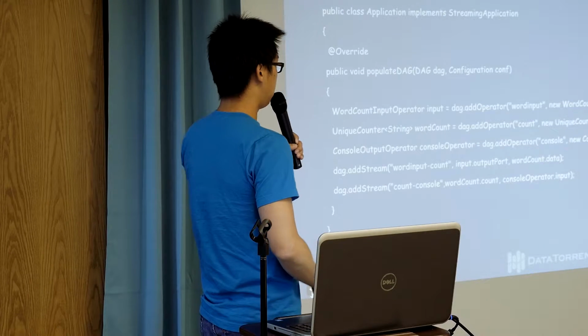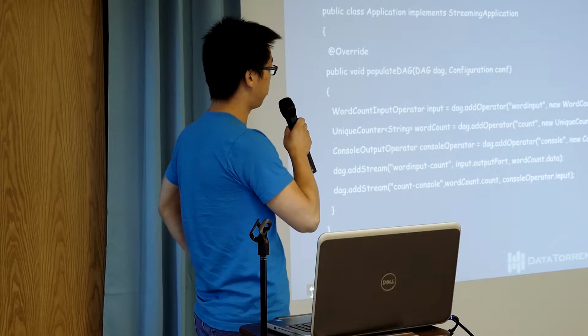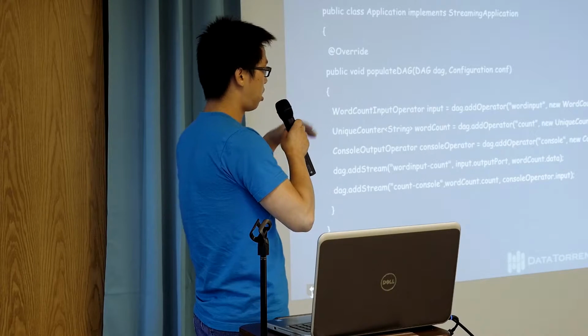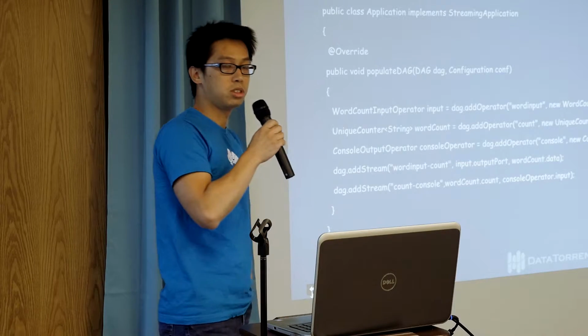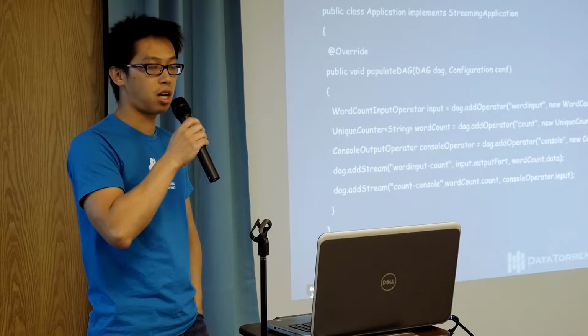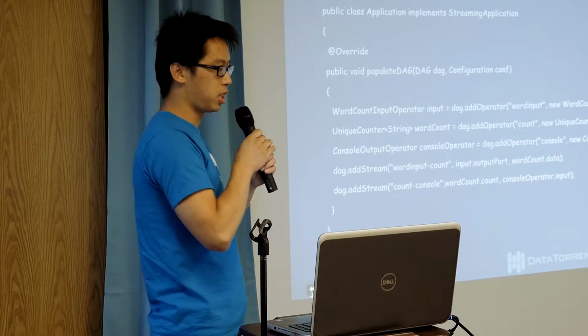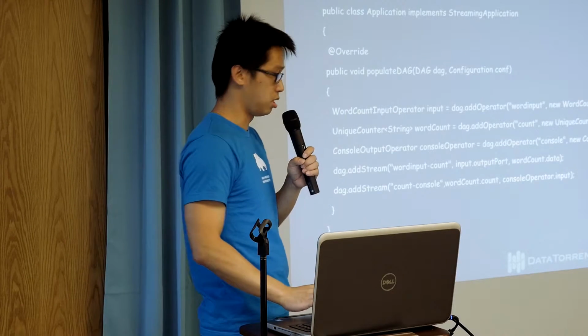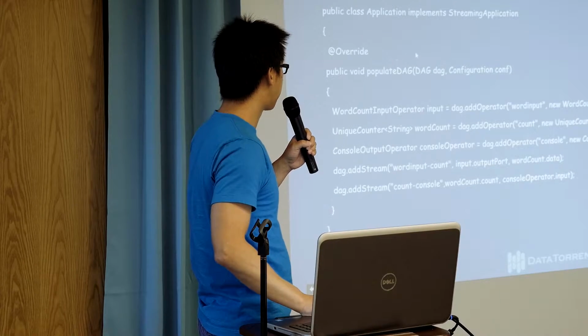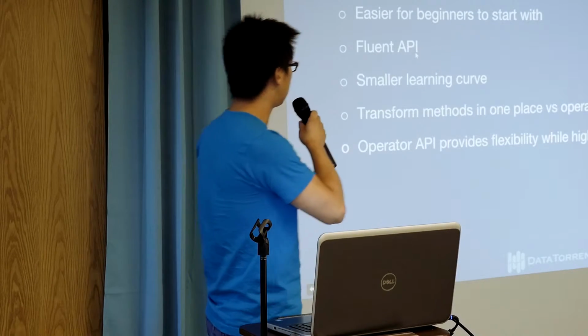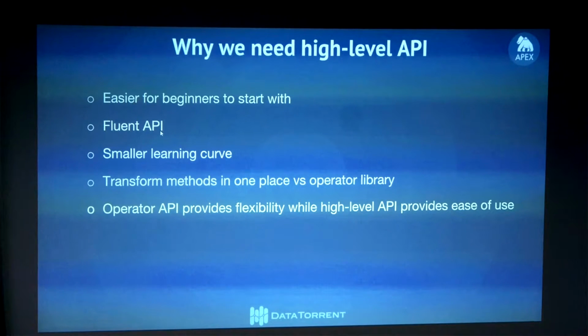So that's why we think that on top of our existing library, we need to build another high-level API, which makes the existing library easy to use. So the high-level API should make it easier for beginners to start with Apex applications.